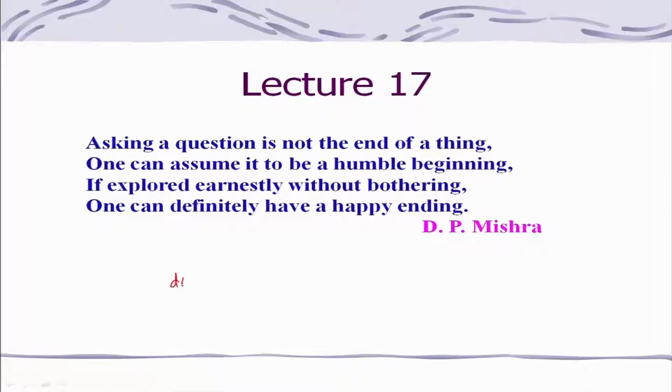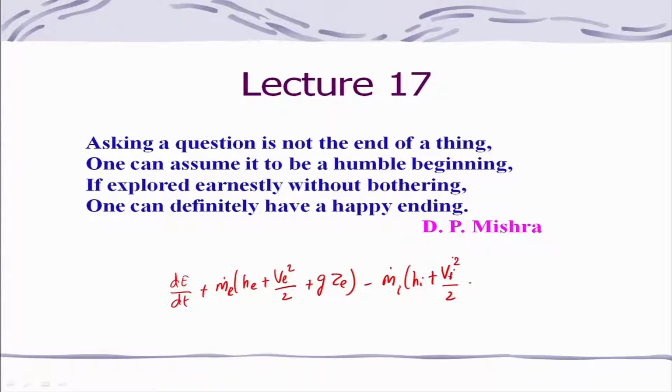If you recall the expression, that is dE by dt plus m dot E (h_E plus V_E square by 2 plus g Z_E) minus m dot I (h_I plus V_I square by 2 plus g Z_I) is equal to Q dot minus W dot.